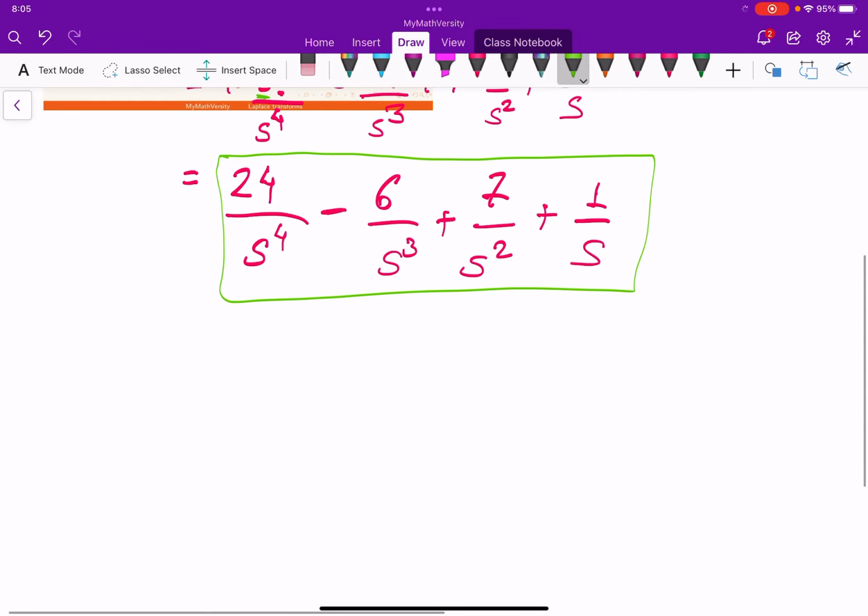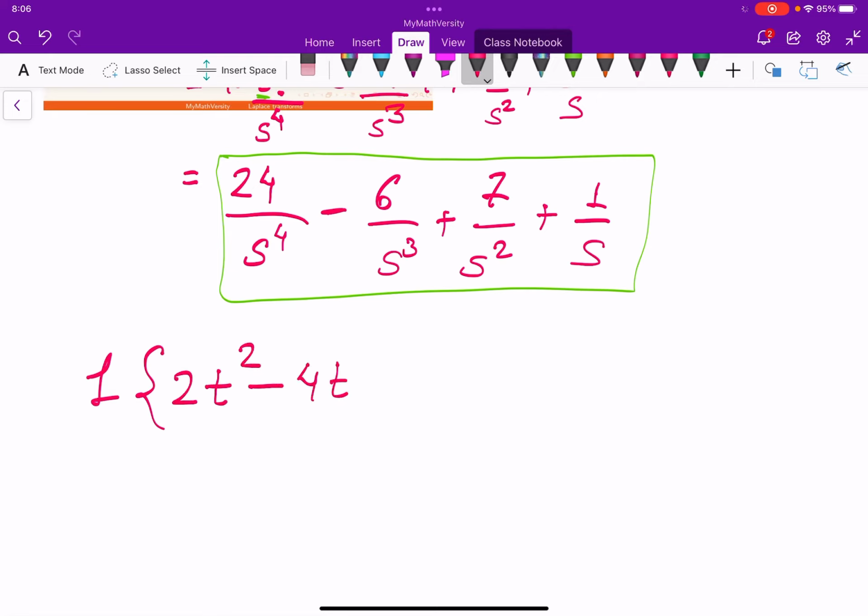For example, if your goal is to figure out the Laplace transform of the polynomial function 2t^2 - 4t + 7, what you need to do is figure out the Laplace transform term by term: 2 times t^2, then 4t, then 7. For the first term, the Laplace transform of 2t^2 is 2 times the Laplace transform of t^2.